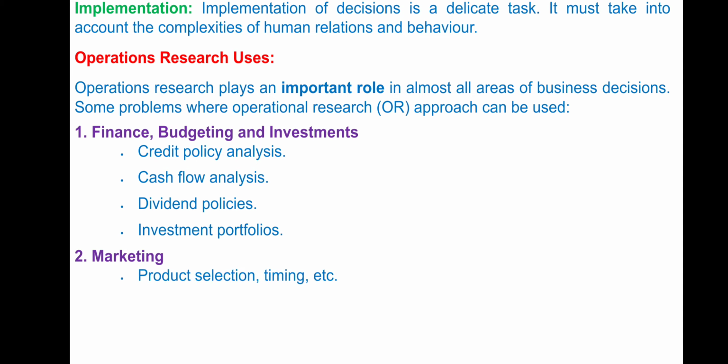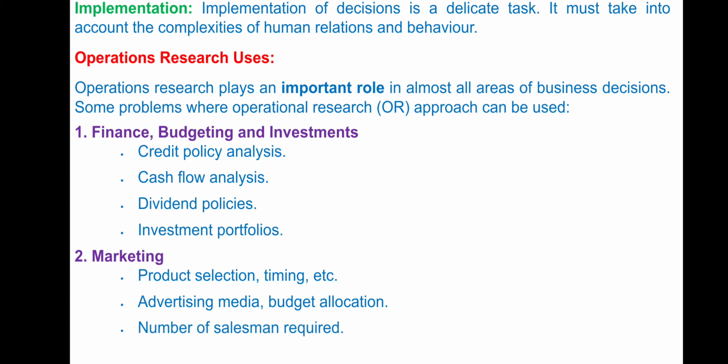Marketing: product selection, where to select, what to select, timing, you can follow. Advertising, media, and budget allocation in marketing areas. Number of salesmen required with minimum work and maximum benefits, selection of product mix.